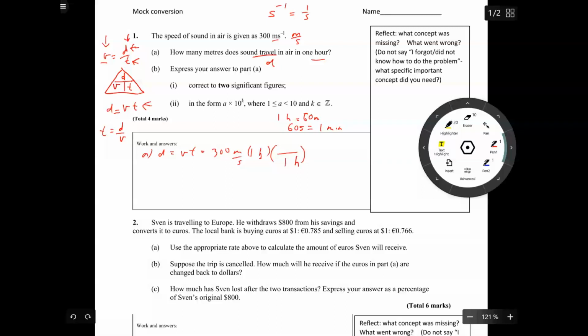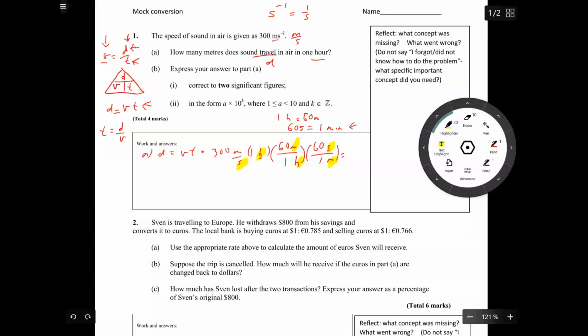So I'm going to put 1 hour on the bottom, and I'm going to put 60 minutes on top. Now I still want to change minutes to seconds, so I'm going to put minutes on the bottom and seconds on top. It'll be 60 seconds per 1 minute, like I put there. Now I can see that if I cancel, I'll cancel out that meters with that meters, that hour with that hour, and that seconds with that seconds, and I'm left with distance.